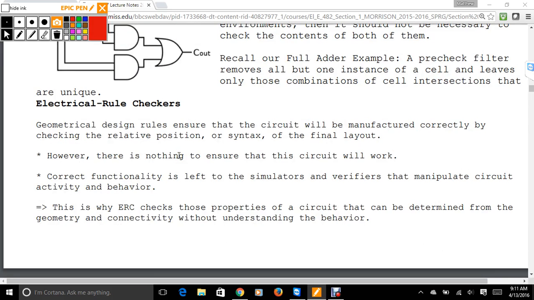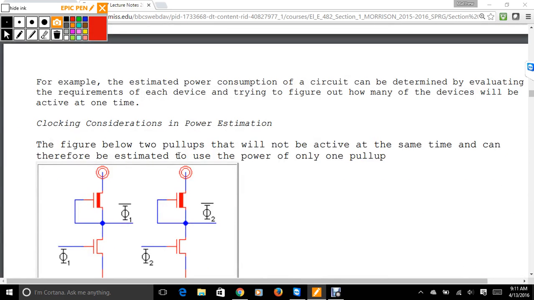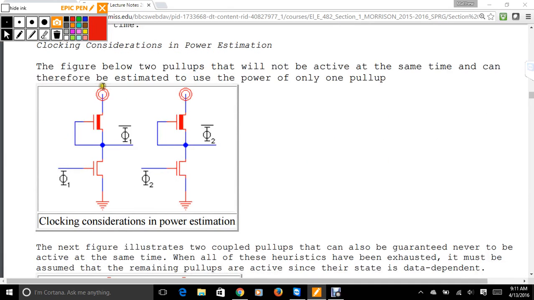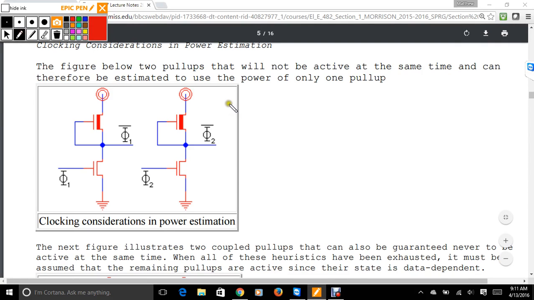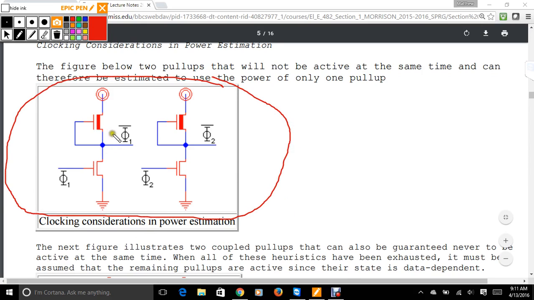So we had talked about these electrical rule checkers, and that's where we're going to move into clocking considerations. Remember we talked a lot about how, in order to reduce power, we have the manipulation of these pull down networks, and we had a lot where the VDD is actually connected to a clock. So what's going on here is, in order to estimate power consumption, we have two inverters, right?